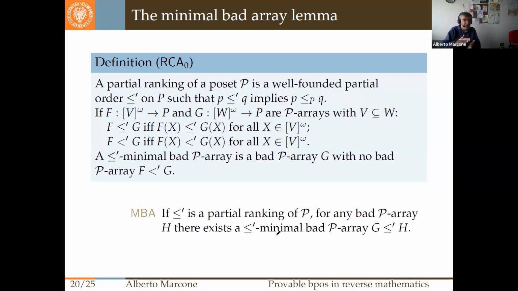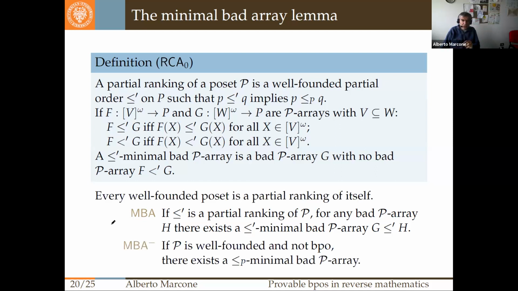So in some sense, it's minimal with respect to this ranking. This is the more natural statement of the minimal bad array lemma. I think it can be found, for example, in Simpson's presentation of better partial order theory. This idea of a minimal bad lemma was extracted from the first proof about better partial orders by Nash-Williams, and also by Laver. I think Laver extracted already some form of this.